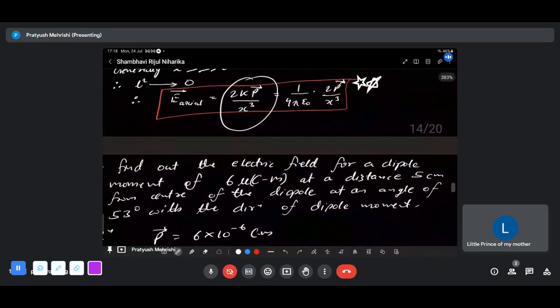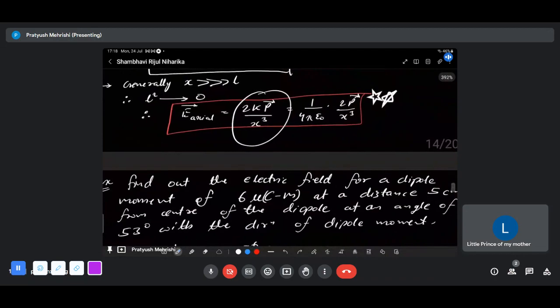Now, try solving this question fast. You have 3 minutes. Find the electric field for a dipole moment of 6 microcoulomb meters at a distance of 5 centimeters from the center of the dipole, at an angle of 53 degrees with the direction of the dipole moment.